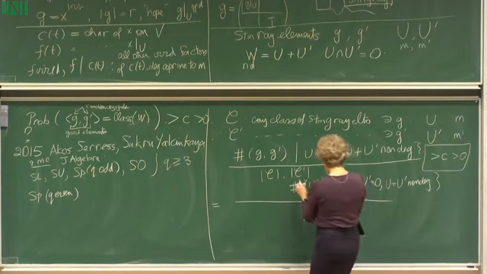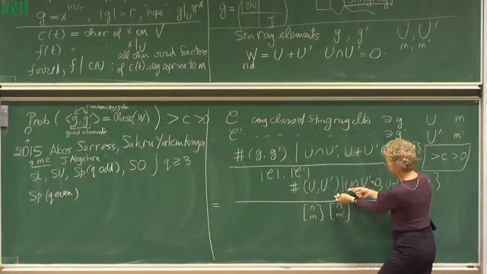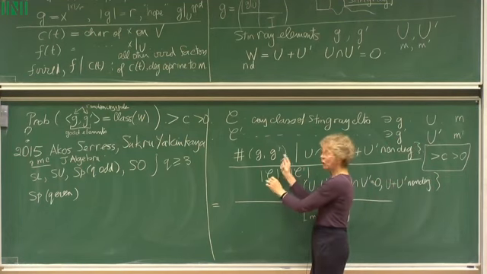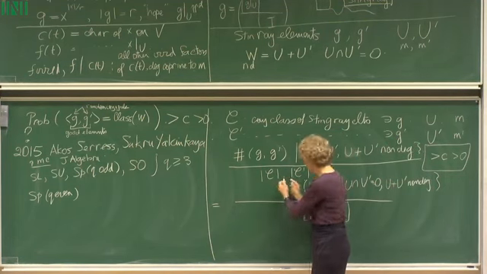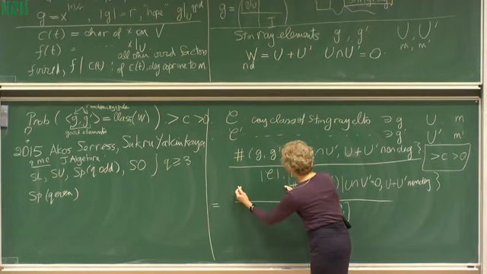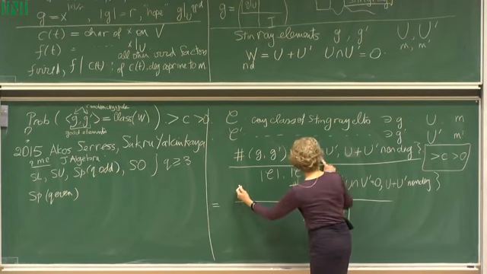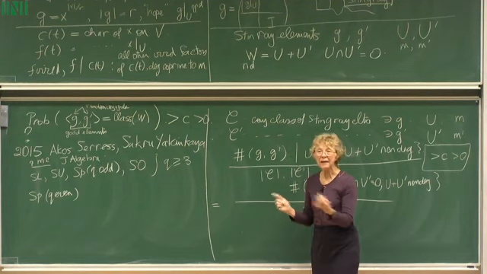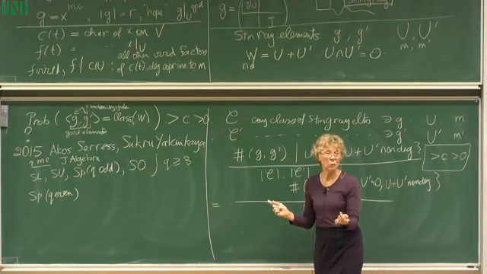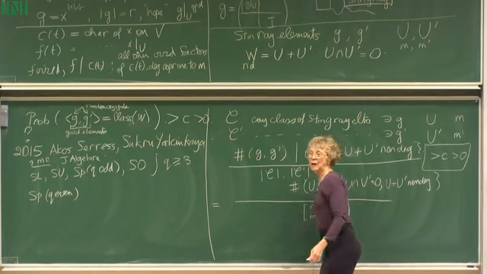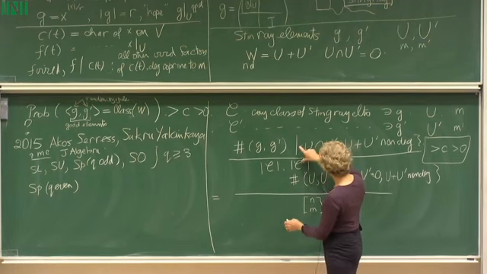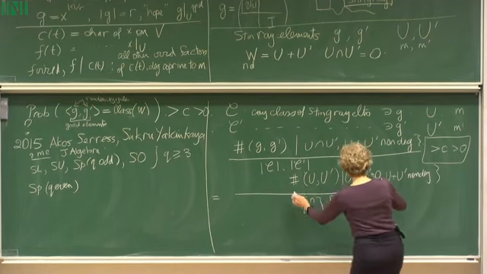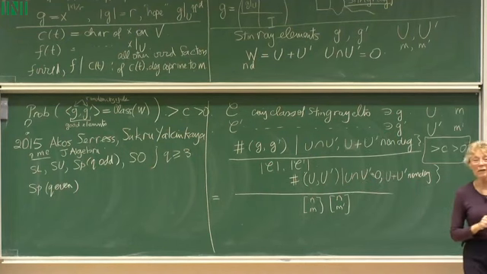Now, once I have a particular good set, any old G's and G primes in the set would do on the top line. So the number of pairs G, G prime that I get for these good U's is the same as the number of G, G primes that I would get for any old choice of the U and the U prime. So they cancel out. So that little bit of group theory says this proportion that I'm interested in is equal to this proportion to do with linear algebra.